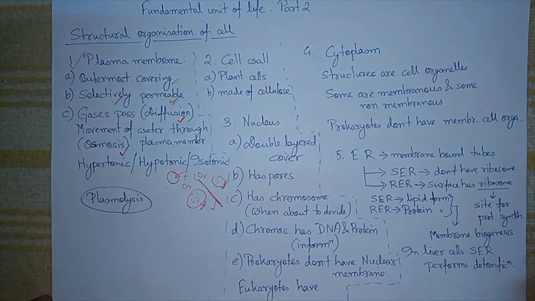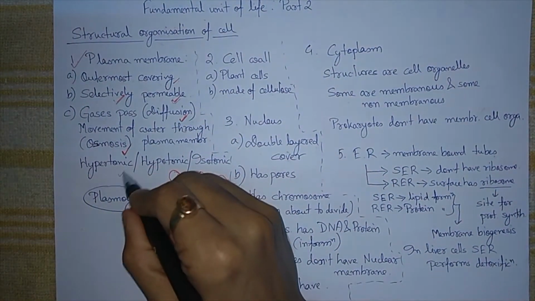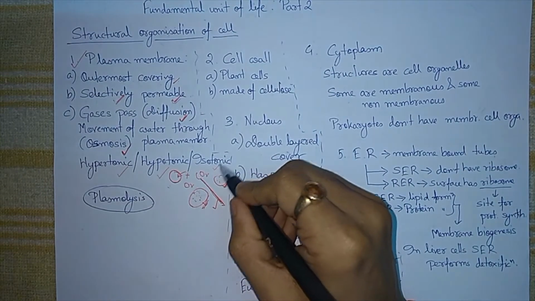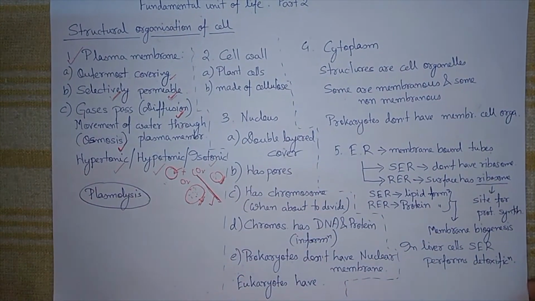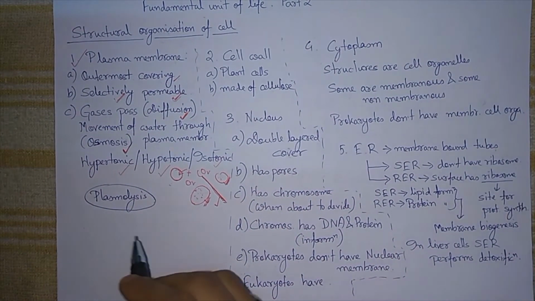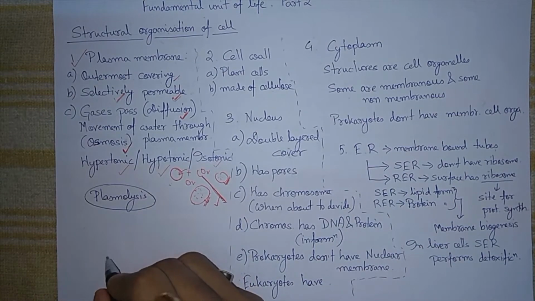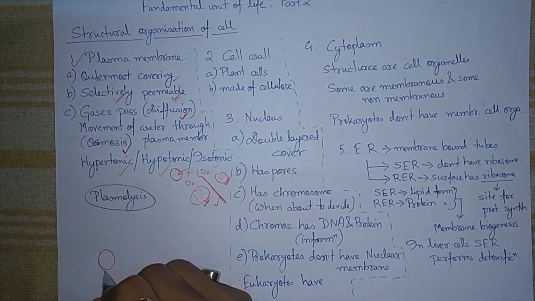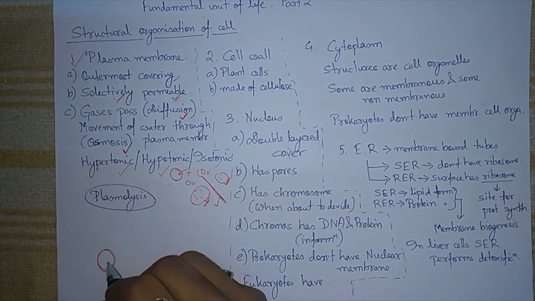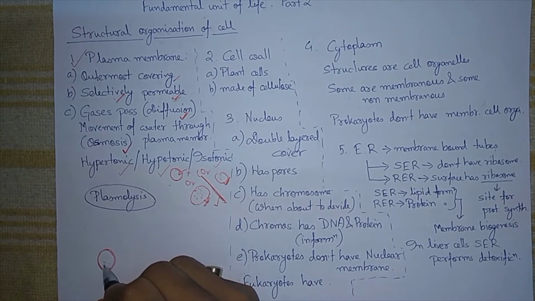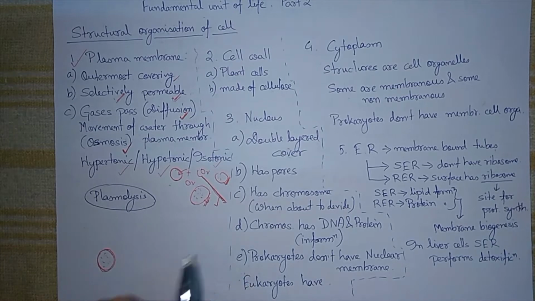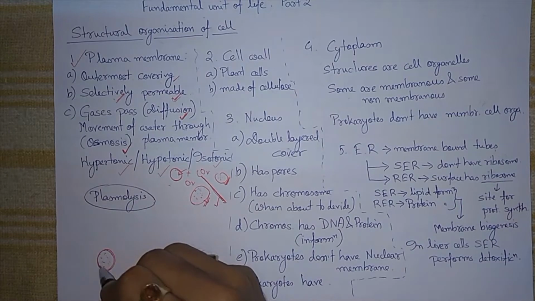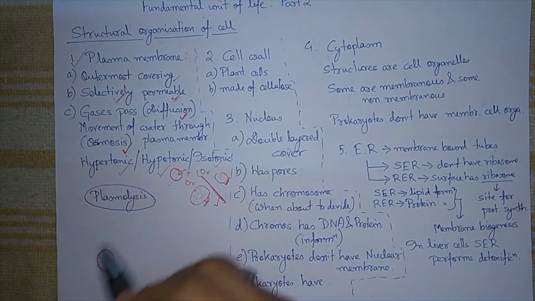Clear? Now here comes the hypertonic, hypotonic and isotonic solutions. To understand this, we need to take a situation like this: this is a cell. Inside the cell there is water. We all know that cells have water inside them, a particular concentration of water.